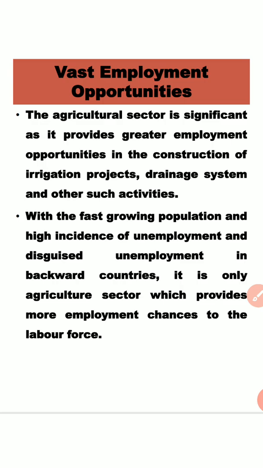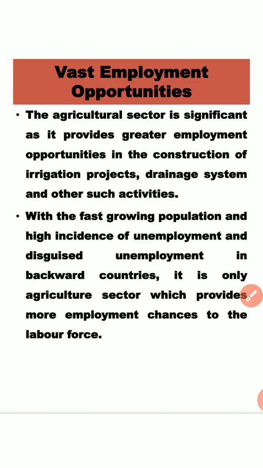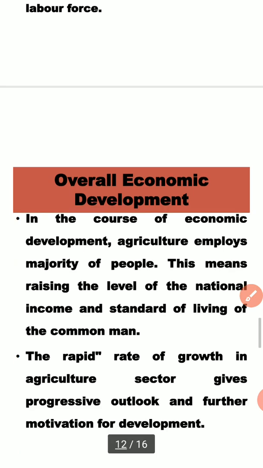India, being a populous country, requires more and more employment, and as we know, in India we have a problem of high incidence of unemployment and disguised unemployment. These things can be tackled by developing the agriculture sector only. So this way also agriculture plays a very dominant and important role.